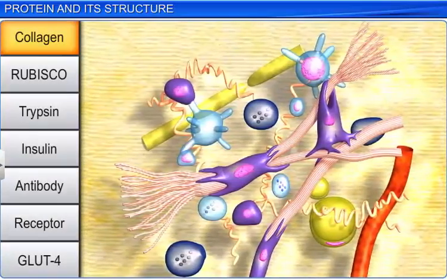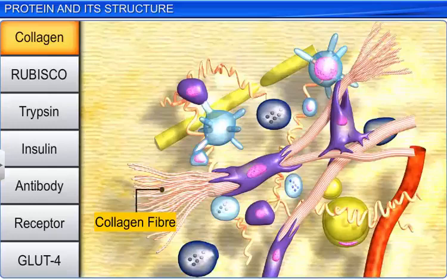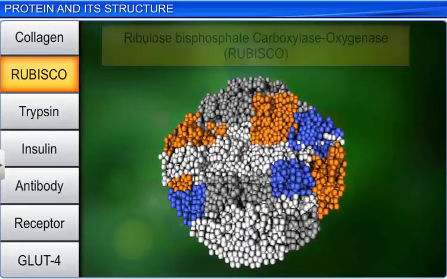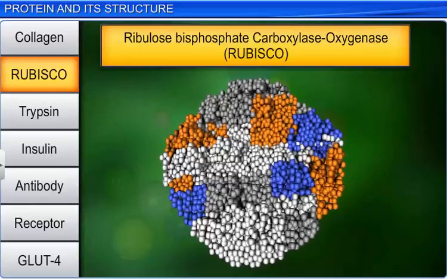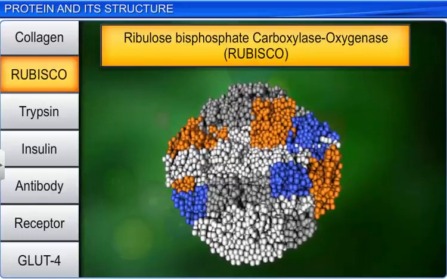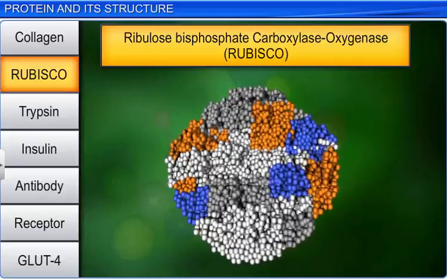Collagen fiber is generally found in connective tissues and acts as an intercellular ground substance in the space between the cells. On the other hand, ribulose bisphosphate carboxylase oxygenase, or rubisco, is the most abundant protein in the whole of the biosphere. It acts as a catalyst during the process of carbon fixation.